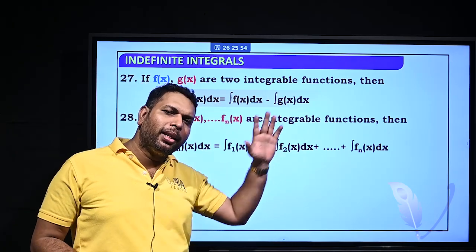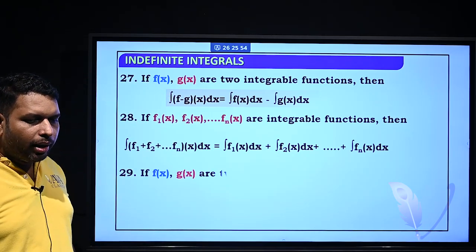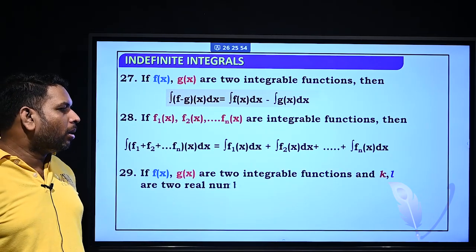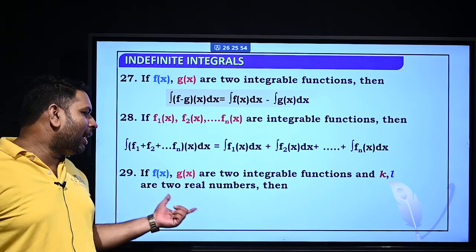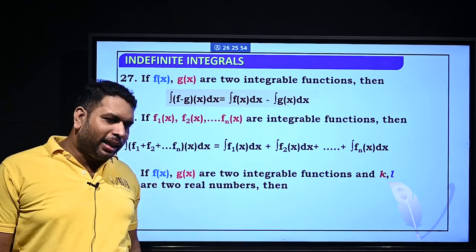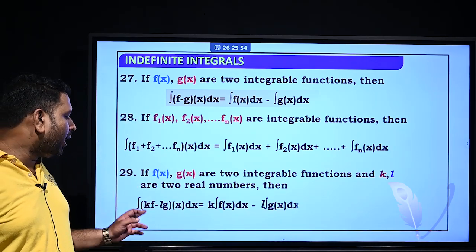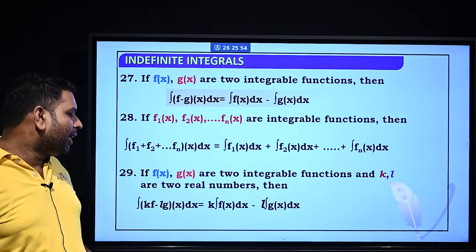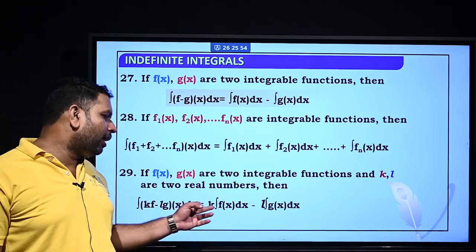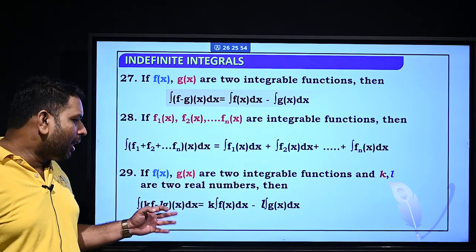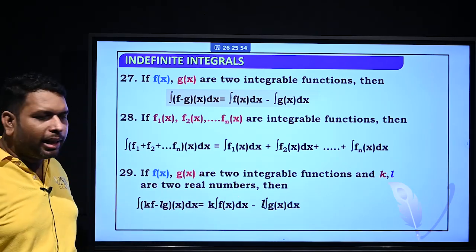Again, f(x) and g(x) are two integrable functions and k and l are two real numbers, then integration of k f minus l g (x) dx is k times integration f(x) dx minus l times integration g(x) dx.